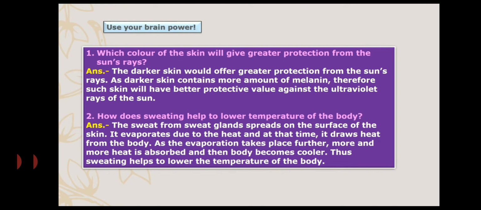Children, darker skin would offer greater protection from the sun's rays, as darker skin contains more melanin. Therefore, such skin will have better protective value against the ultraviolet rays of the sun.